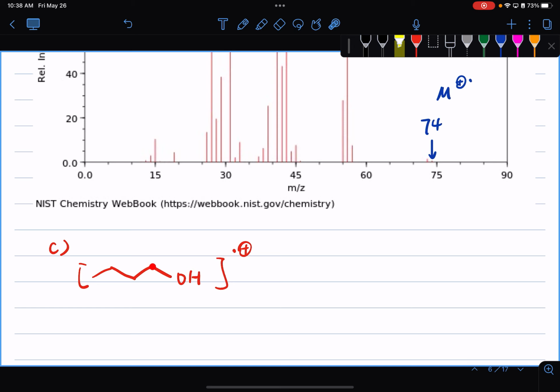So we're talking about the carbon that's directly attached to the oxygen, and we're cleaving at the alpha position. So this is where we are breaking the chemical bond. What we're forming by alpha cleavage is an alkyl radical, and at the same time, we're forming the H2C=OH cation, and that cation is stabilized by resonance.